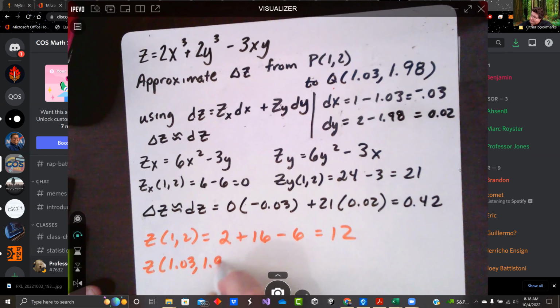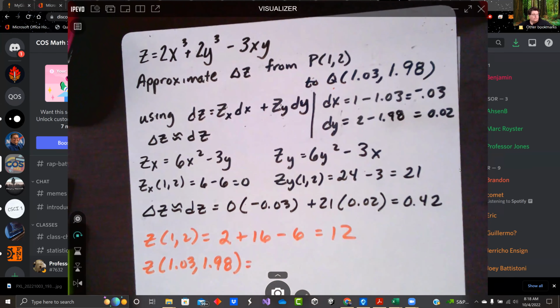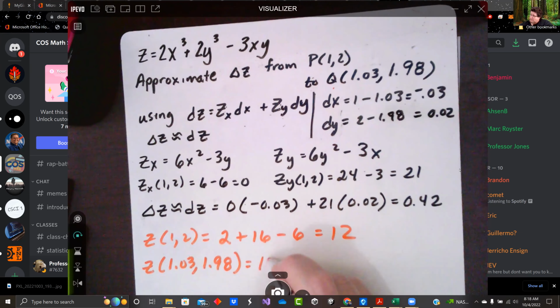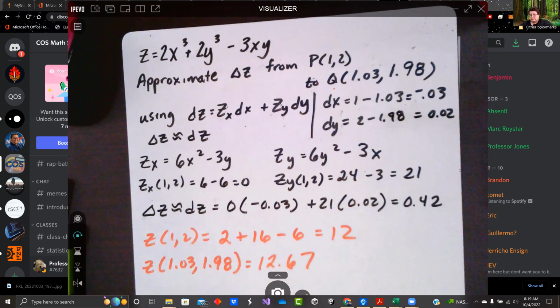What is Z at 1.03, 1.98? That's a calculator problem. 1.03 cubed times 2 plus 1.98 cubed times 2 minus 3 times... assuming I did this right, which makes me wonder, did I screw up somewhere?